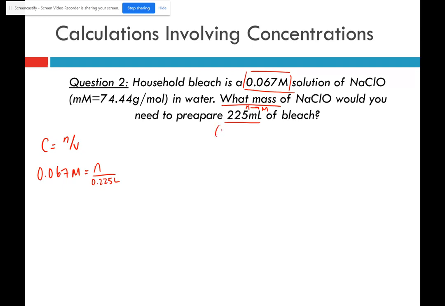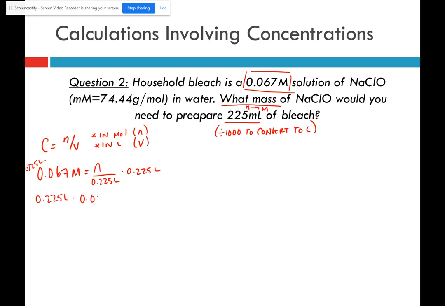So I had to divide this by 1,000 to convert to liters, because remember, this always has to be in moles and the volume needs to be in liters. To rearrange this equation, I need to get rid of the 0.225 liters, so I multiply both sides by 0.225 liters.